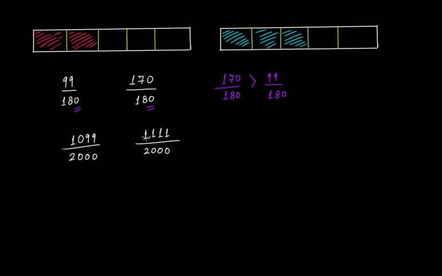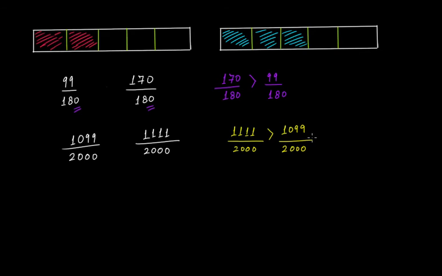You will say that, hey, 1111 is greater than 1099. Of course, this fraction will be greater. That is, the fraction for 1111 shaded portions out of 2000 equal parts will be greater than the fraction for 1099 shaded portions out of 2000 equal parts. So we will say that 1111 by 2000 is greater than 1099 by 2000. Okay, then what's the rule?